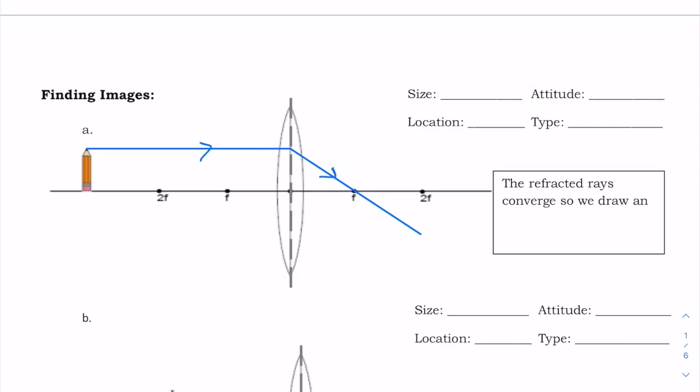Okay, that's one. The second one that I'll draw passes through the optical center. And the third one that I'll draw passes through the secondary principal focus on the left side of the lens and comes out parallel.